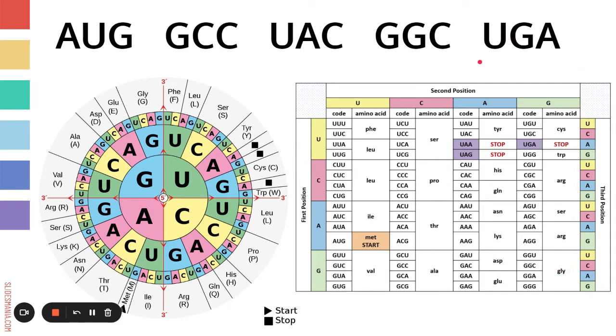And then UGA is our final. So here, U is where we're going to start in this row, and then we'll find G across the top, and then we'll look for A across the right-hand side. So UGA, and you'll notice here that it doesn't give you an abbreviation for an amino acid. Instead, it just says stop. And you'll notice that if you look for the UGA on the codon wheel, you don't get an abbreviation here either.